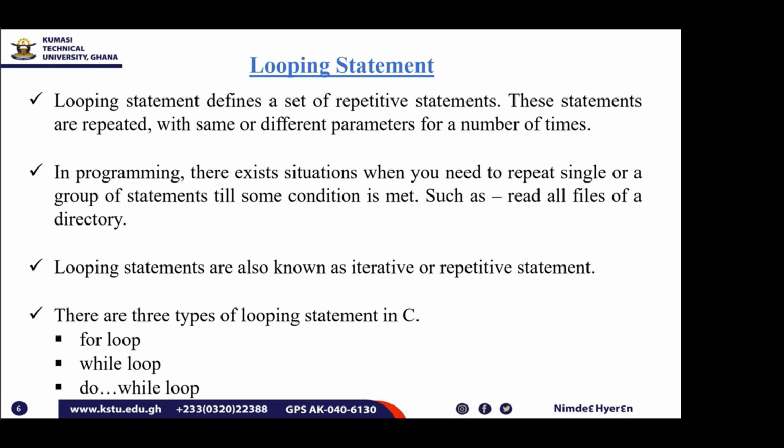There are three types of looping statements that we would normally use in C programming. And these are the for loop, the while loop, the do while loop. So take note of these three looping statements.